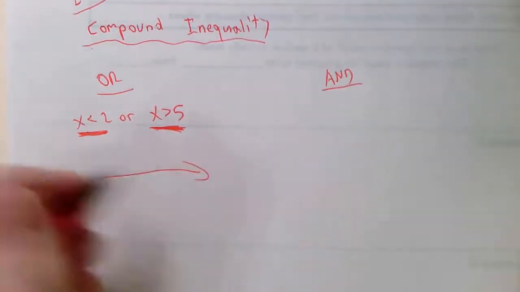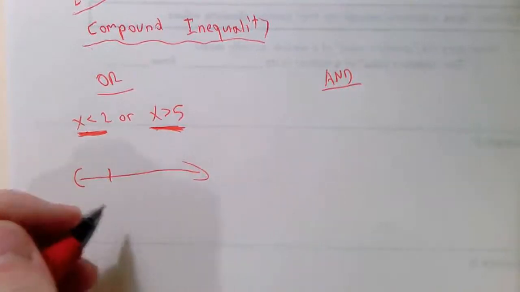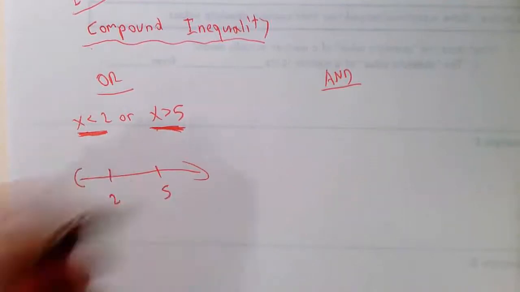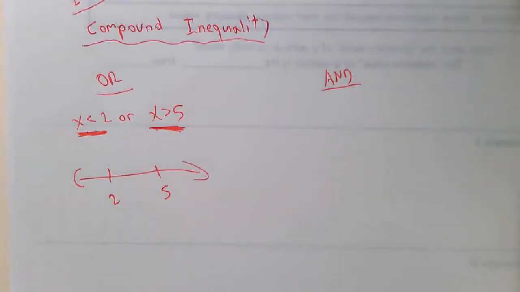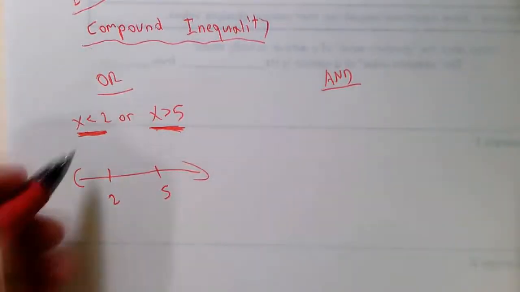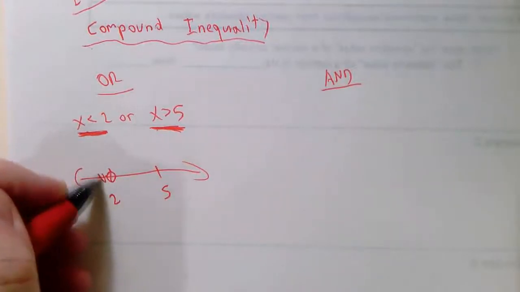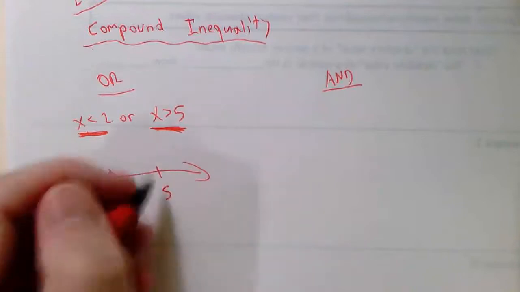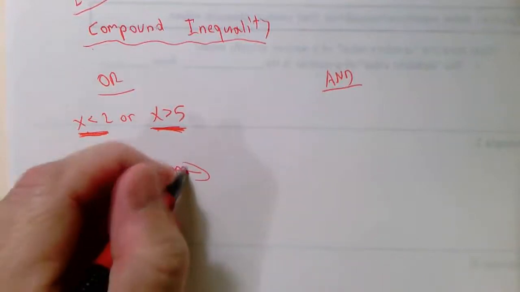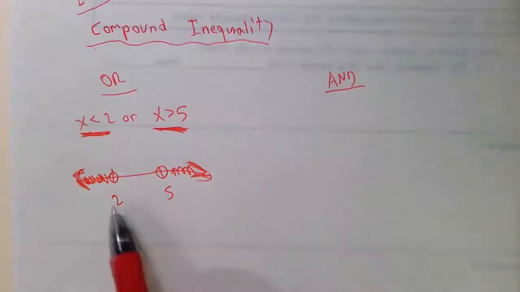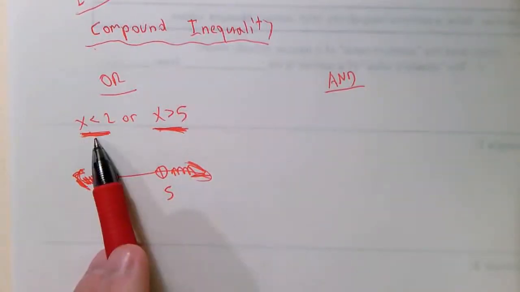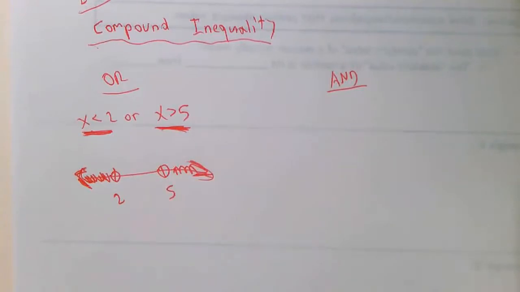On a number line, that looks like this. This is hopefully how you're graphing your answers on your homework. So I only need to put the important numbers in, which are 2 and 5. X is less than 2 would be these numbers. X is greater than 5 would be these numbers. And here is a picture of all the numbers that are either less than 2 or greater than 5.